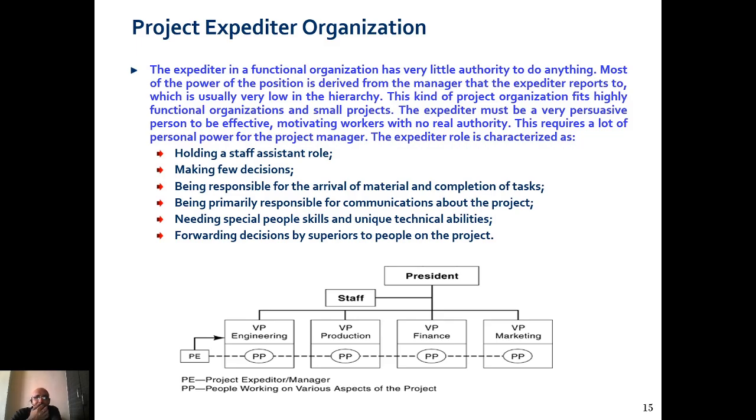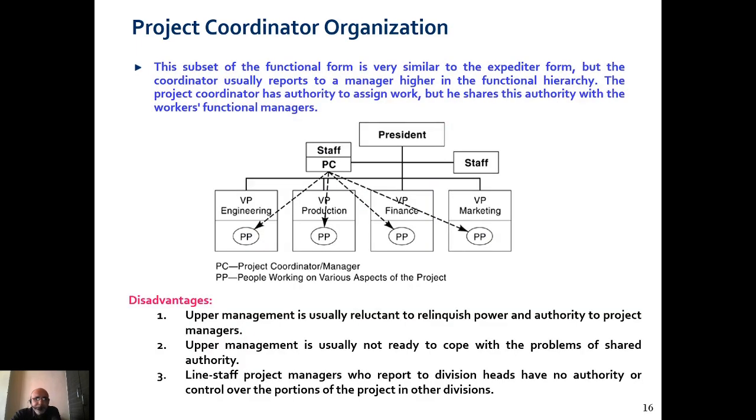Just see to it. The expeditor must be a very persuasive person to be effective in motivating workers with no real authority. It is not the authority. Who is the authority? The Vice President Engineering is the authority. So without powers and hierarchies, the expeditors just look into the matter and try to resolve the issue.